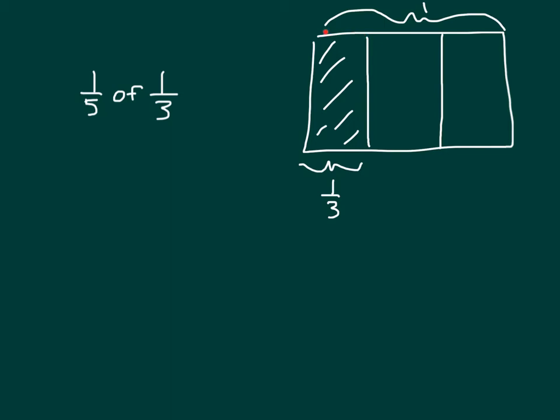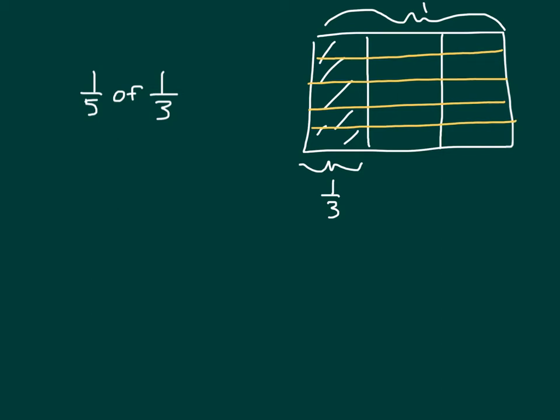So from this 1/3 that is within my area model now, I only want to look at 1/5 of it. So to look at 1/5 of it, I will have to divide that 1/3 into 5 parts. And I'll do so within my area model by drawing 4 lines to divide it into 5 parts.